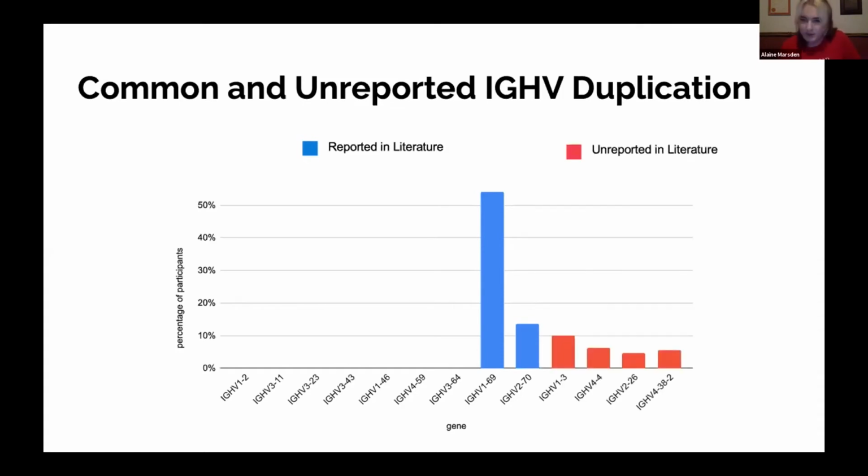But then when we took a further look, we found that there were genes that were duplicated that haven't yet been reported in literature, although at relatively low levels. So we wonder if this is maybe a population signature or indicative of more Southern Bantu samples.